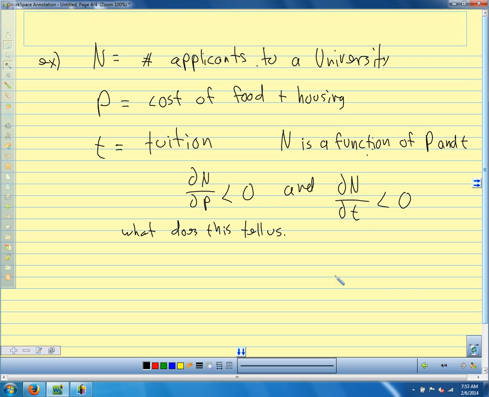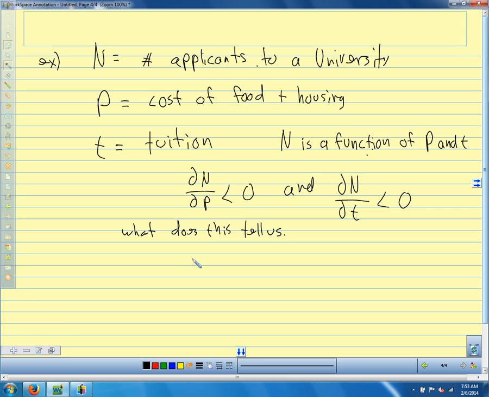So let's make our interpretation a little more broad. What does this tell us about the applicants and the food and the tuition and how those are all related? As the cost goes up, the number of applicants goes down, for either of the costs.